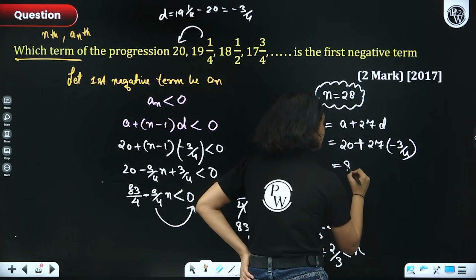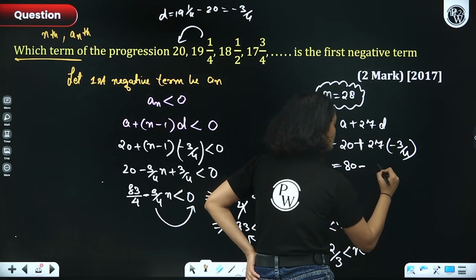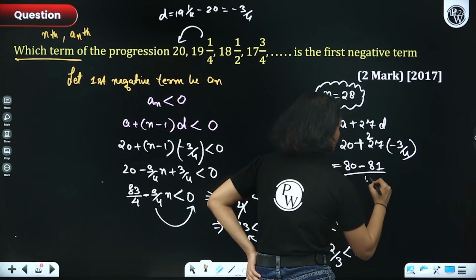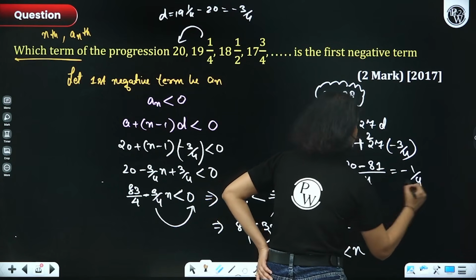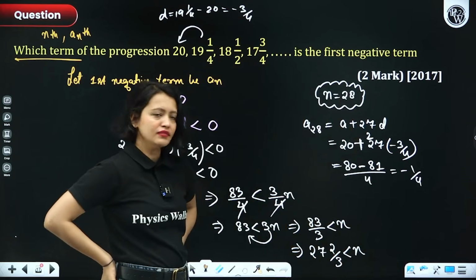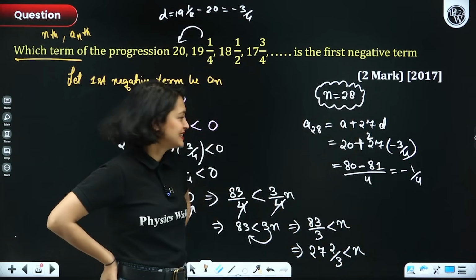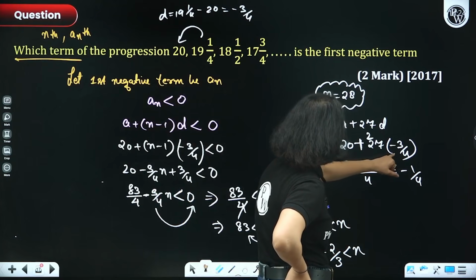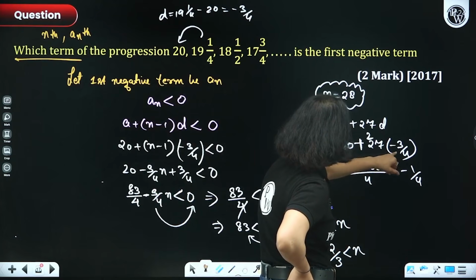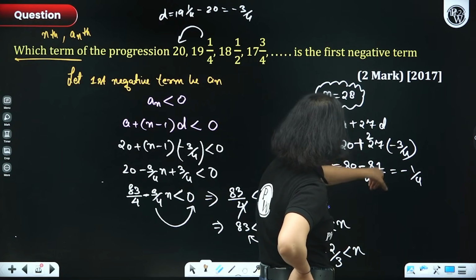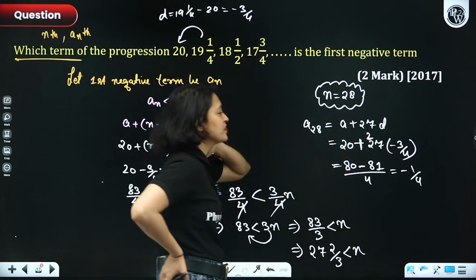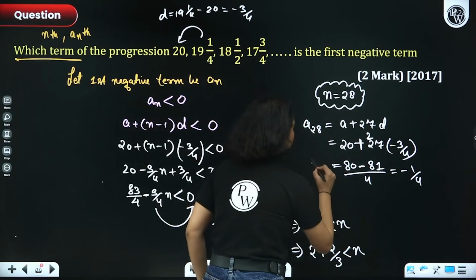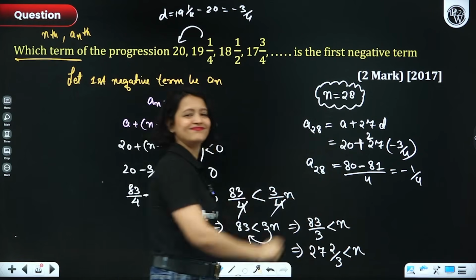So 80 minus 81 over 4. So you can clearly see you're getting negative 1 by 4. Right or not? Okay? Wait, we did it correctly. So this here is the first negative term.